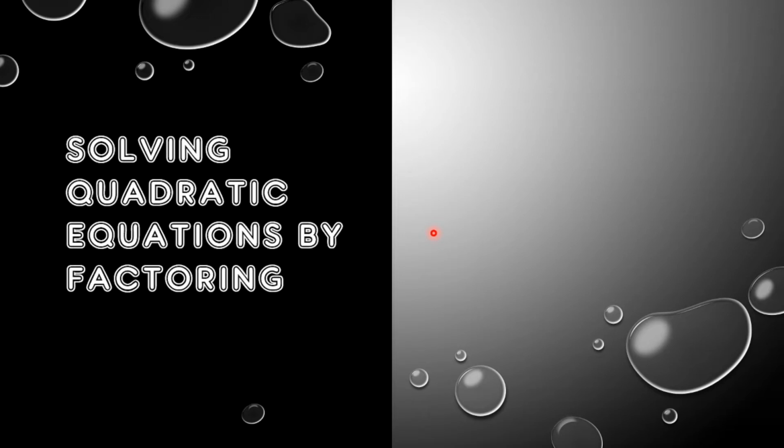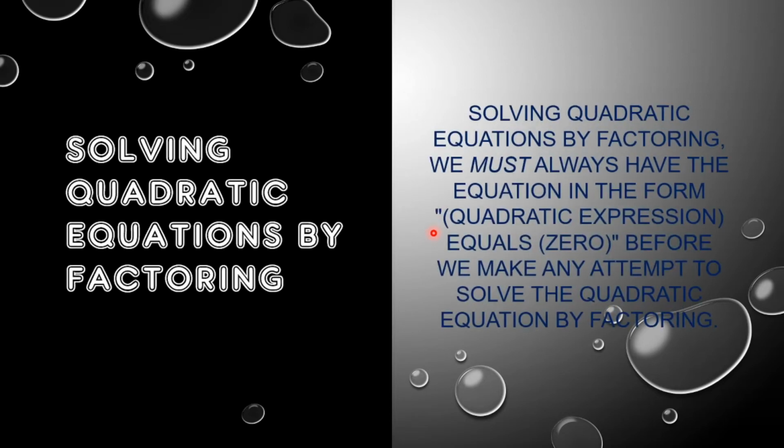We are here now and our topic is about solving quadratic equations by factoring. So, what is solving a quadratic equation by factoring? Solving a quadratic equation by factoring, we must always have the equation in the form quadratic expression equals 0, or what is called the standard form, before we make any attempt to solve the quadratic equation by factoring.